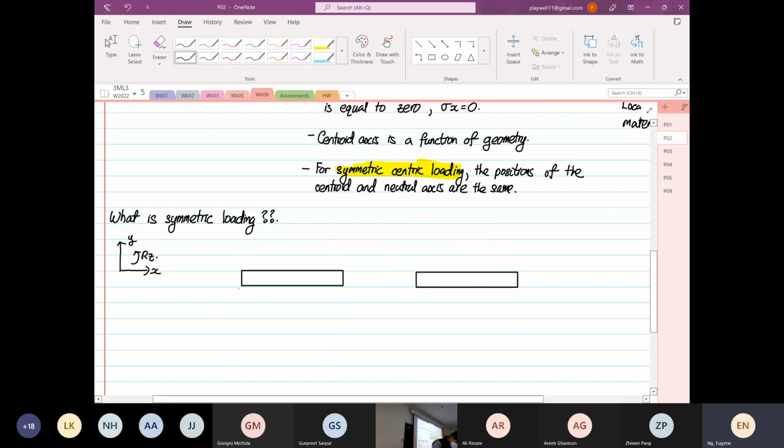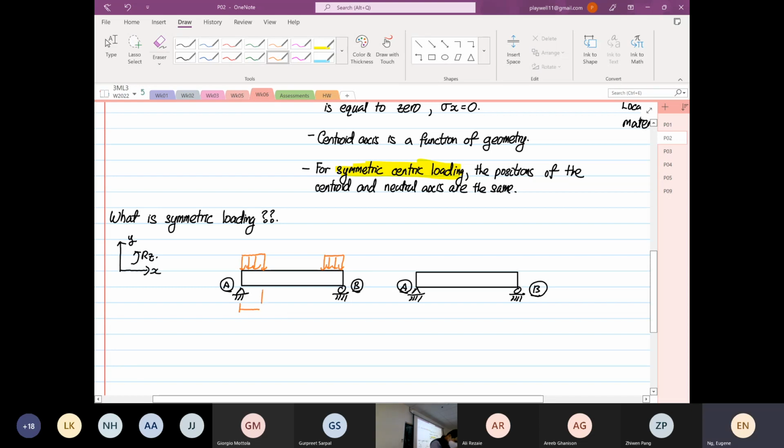This is our point A, this is our point B, and next, this is our point A and this is our point B. On the left-hand side, this is how our load is distributed.